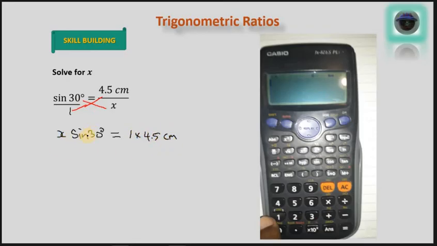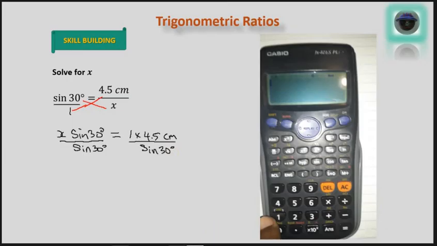Now, I want to get rid of this sine 30 degrees. And sine 30 degrees here is multiplying x. So to get rid of it, I'll treat it like a coefficient. How do you get rid of a coefficient? By dividing by the coefficient, the multiplier. So what I do to one side, I do to the next. So I'll divide this side here as well by sine of 30.